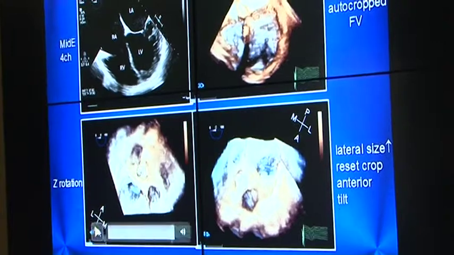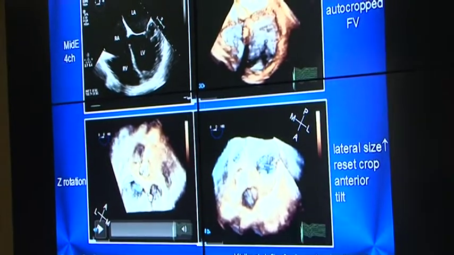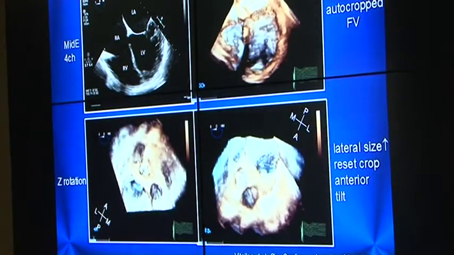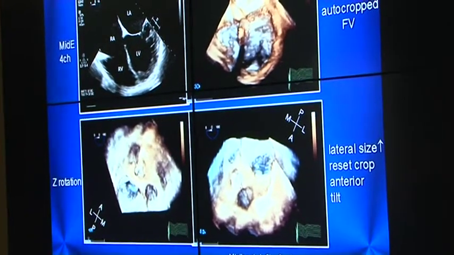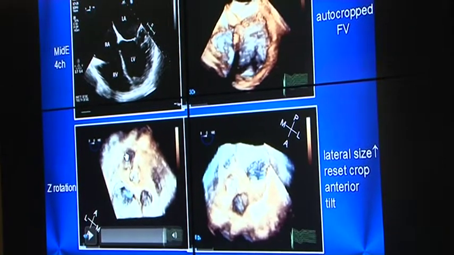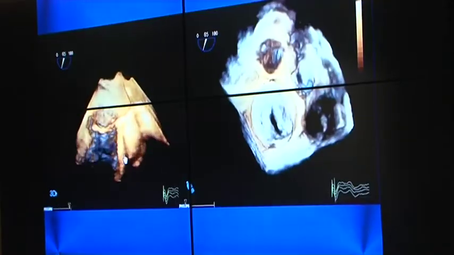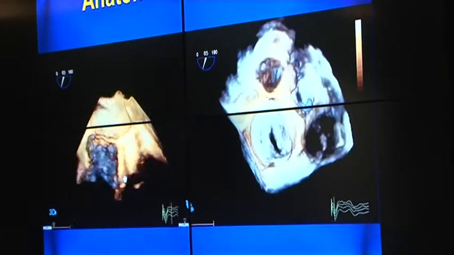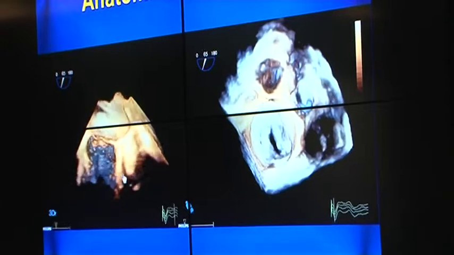And then with the help of Z rotation, when the axis of the rotation is perpendicular to the screen plane, we just anatomically rotate the data set, and this is how it will appear, the so-called 4-valve view of the heart. And then we can use anatomical orientation, and we will practice it, so please remember this one.